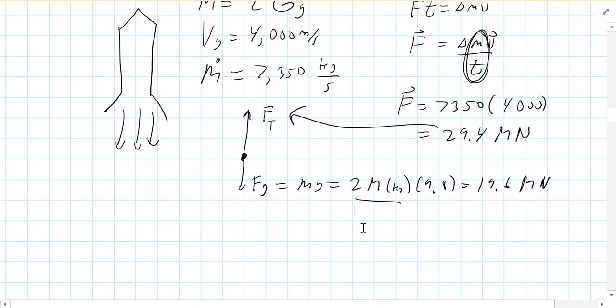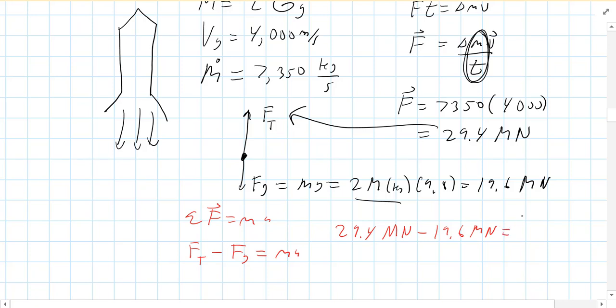All right. So now, if I want to find the acceleration, I do net force equals ma. You've got force of thrust minus force of gravity equals ma. The force of thrust is 29.4 meganewtons minus the force of gravity, which is 19.6 meganewtons.